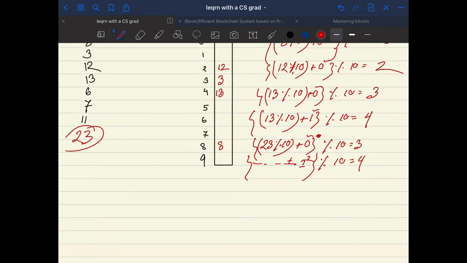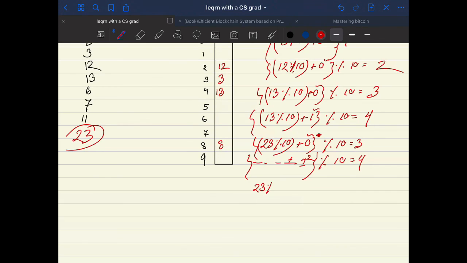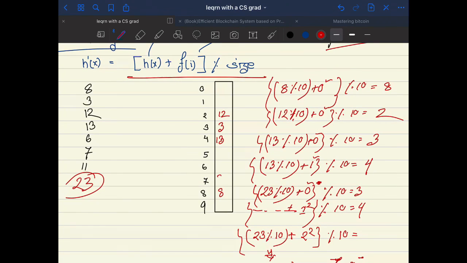So 4 is already occupied. So now 23 mod 10 plus 2 square, percent 10: 3 plus 4 mod 10 gives us 7, so we're going to put 23 at position 7.